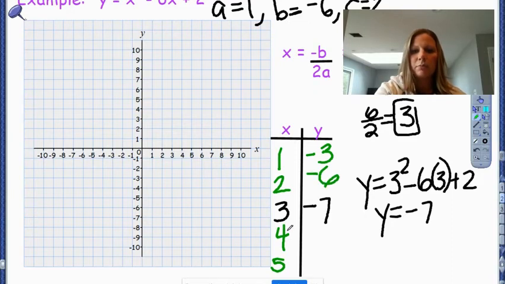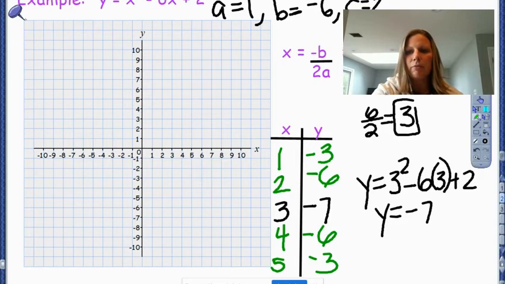Now I'm at 4, so I'm going to plug 4 back into my equation. So 4 squared minus 6 times 4 plus 2 is -6. And then 5 squared minus 6 times 5 plus 2 is -3.